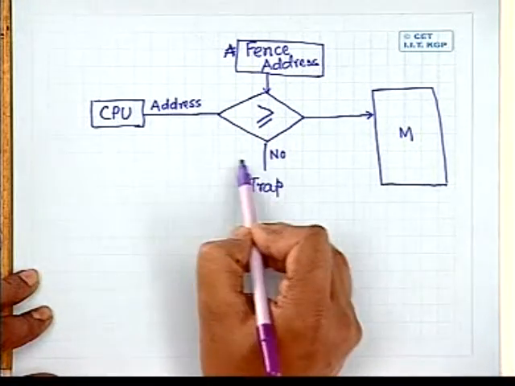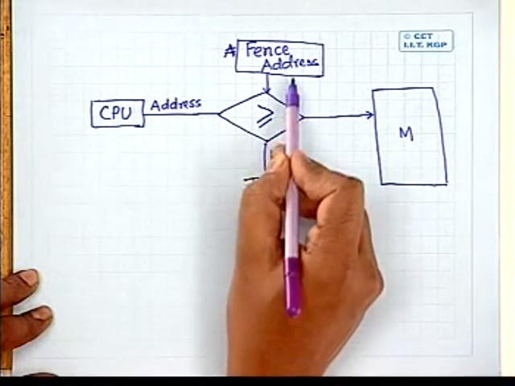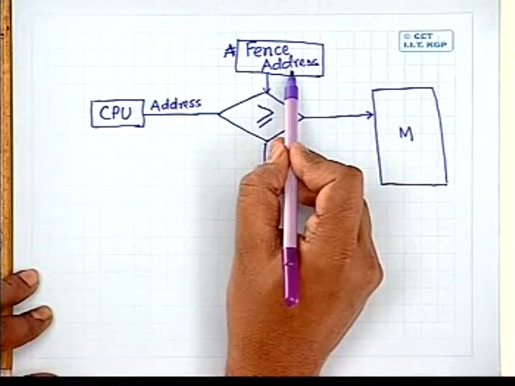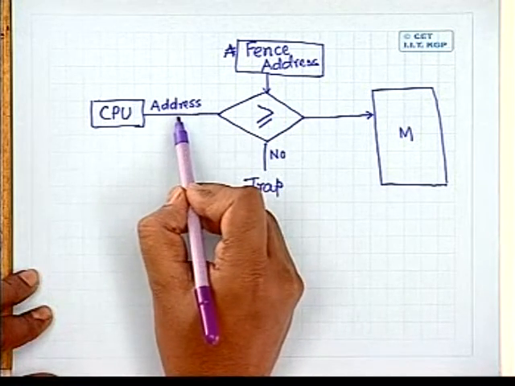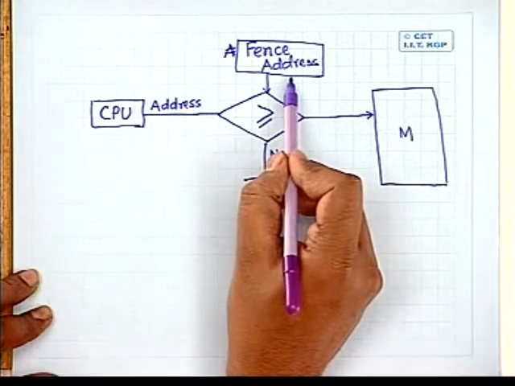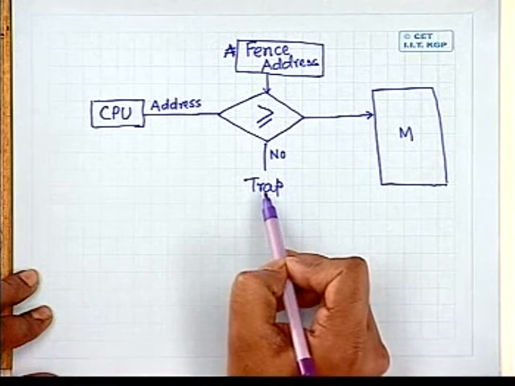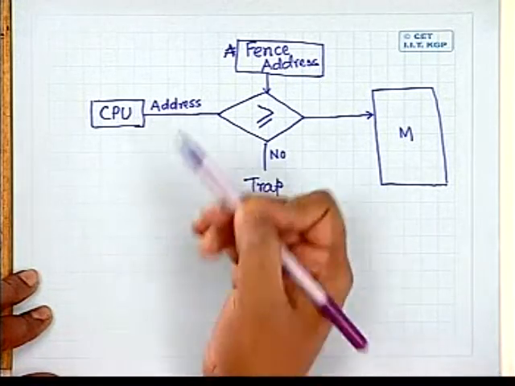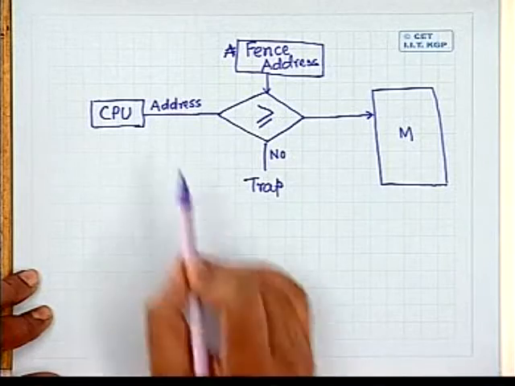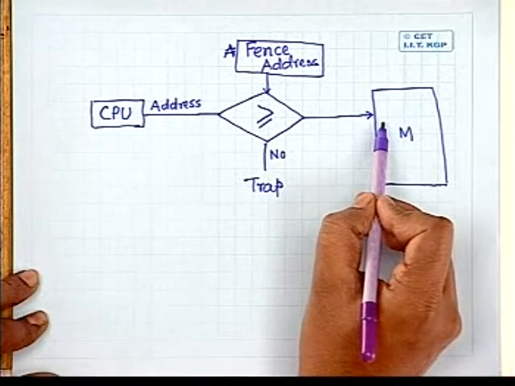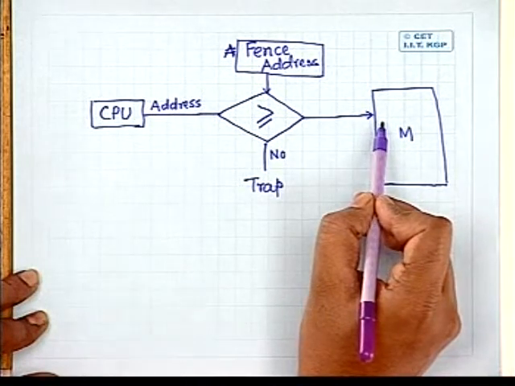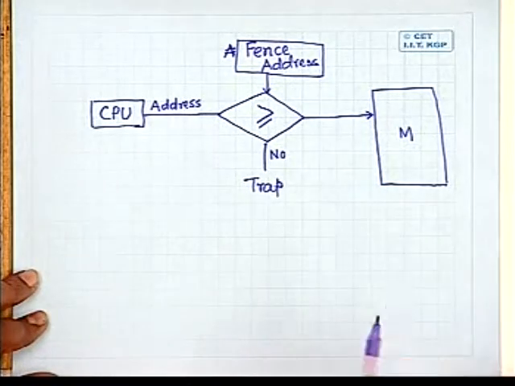In parallel, it is also compared by a comparator with the fence address. The moment the address generated by the CPU becomes less than the fence address, the trap will be generated, and following this trap, the process will be terminated. So even if the address is directly going to the memory, that is not harmful because the process is not allowed to continue further.